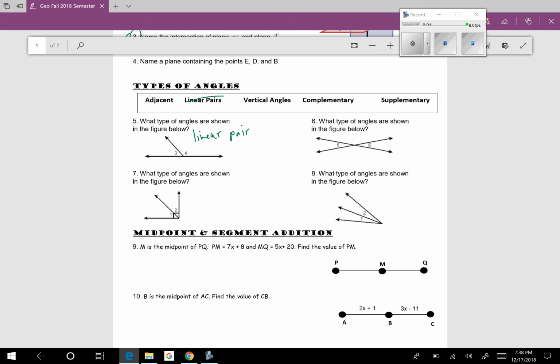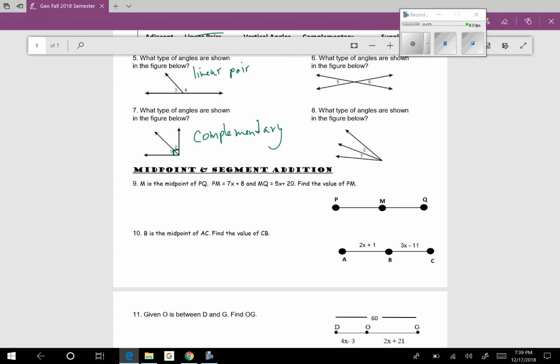These are actually complementary because this box right here tells us they add up to 90. So complementary. And remember, complementary only has 1 p, so that adds up to 90. And supplementary has 2 p's, so that adds up to 180.